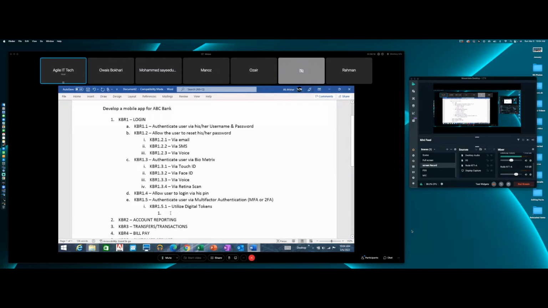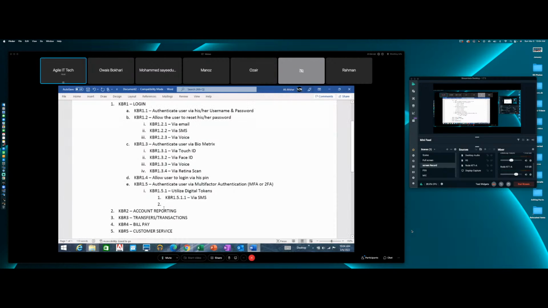So what's this KBR? What's this one going to be? KBR 1.5.1.1, right? Yeah. The token can be sent via SMS, right? The token can be sent via voice.